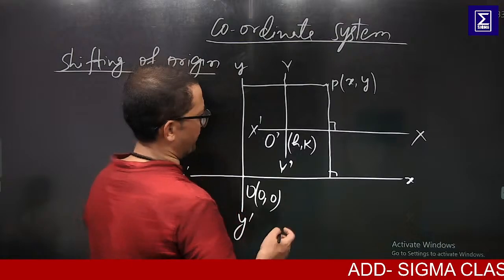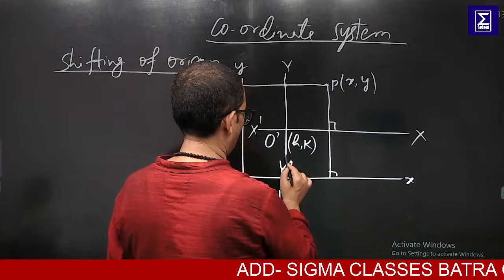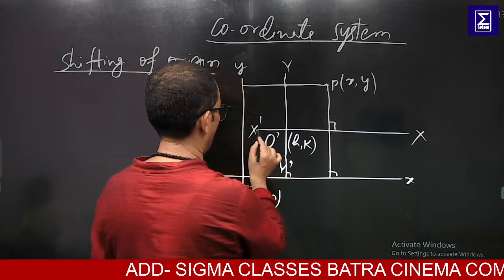Now let's name them. So draw this also perpendicular here and here to here also.